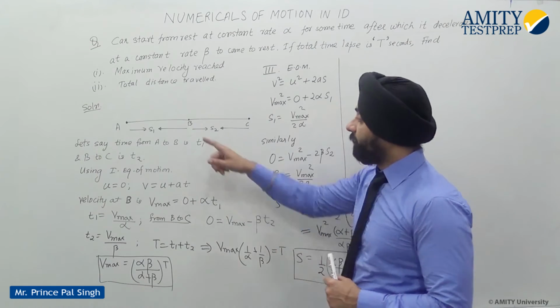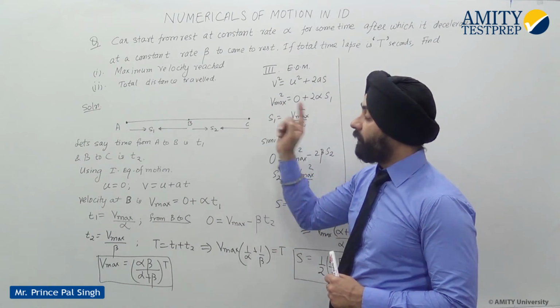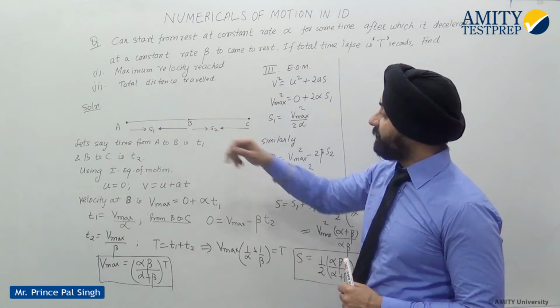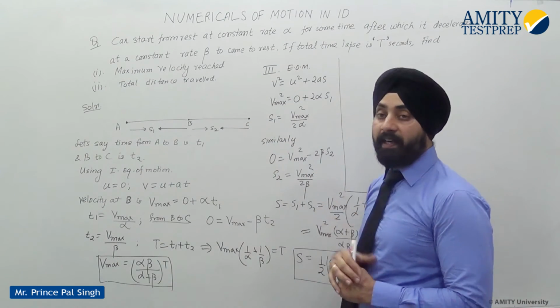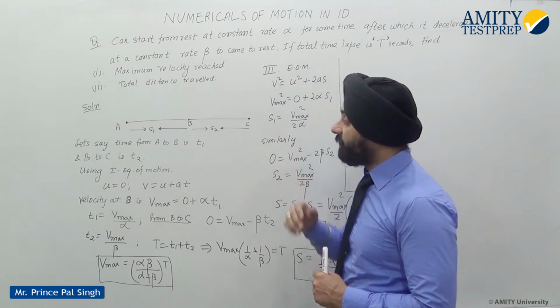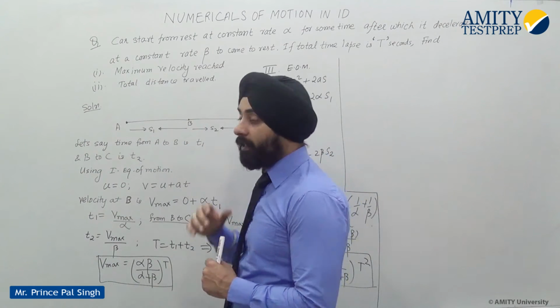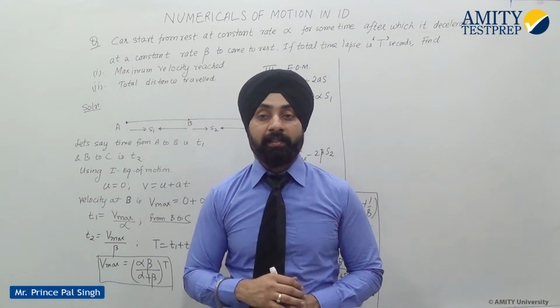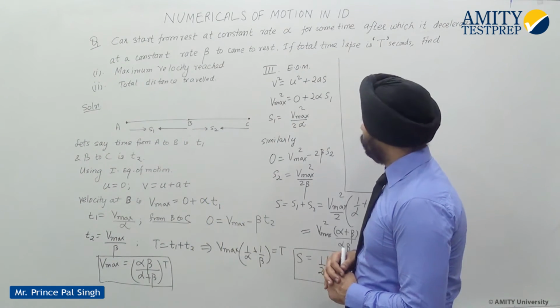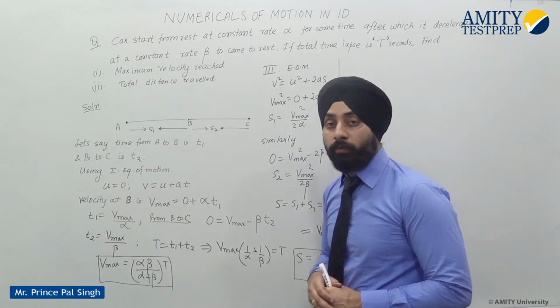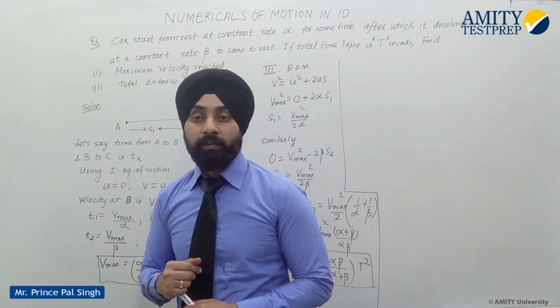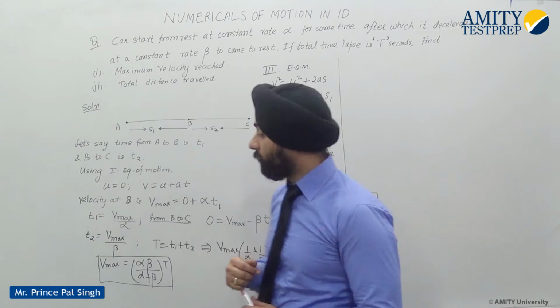In the same way, I will apply the third equation from B to C. B is the starting point and C is the ending point. The velocity at C is 0, the velocity at B is V max and the deceleration is beta. So again applying V square equal to U square minus 2as in this case, because it is deceleration.